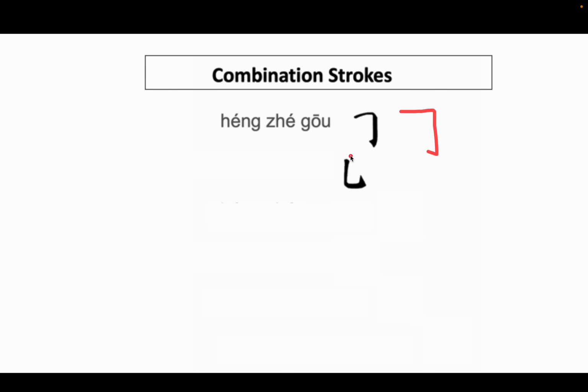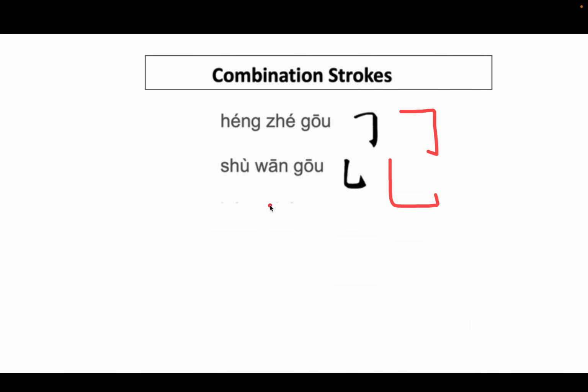Next one. What do you think? How do we name this stroke? Think about it. 想想看. All right, so let me show you how to write it. 竖弯钩.